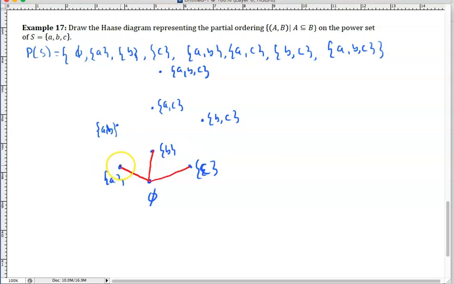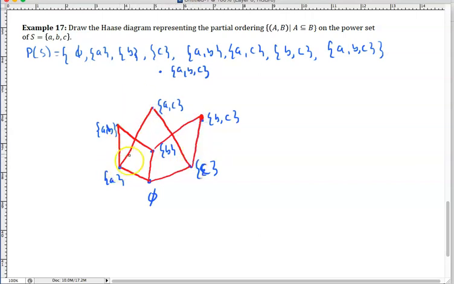Okay, now A is a subset of AB, and A is a subset of AC. B is a subset of AB, and B is a subset of BC. C is a subset of AC, and C is a subset of BC.